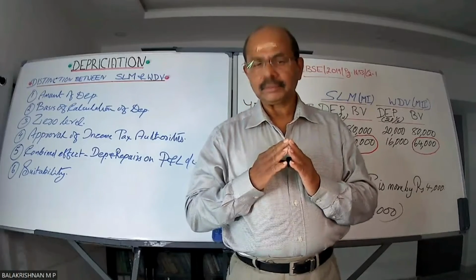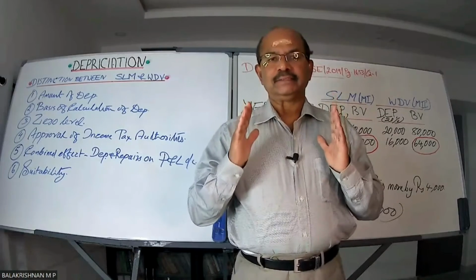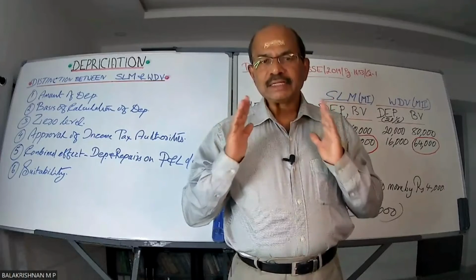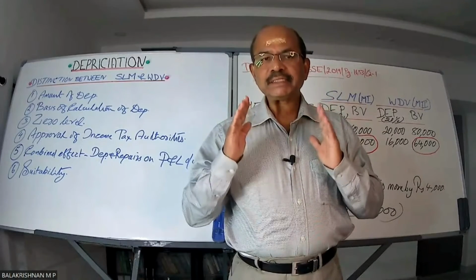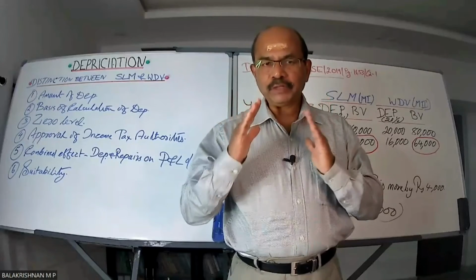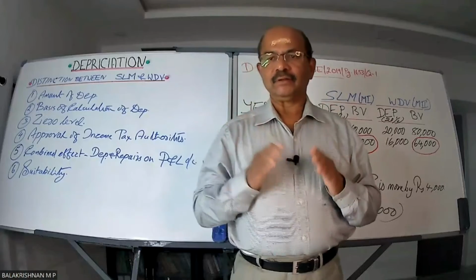Okay. To conclude, in practice, the WDV is more widely used. This is because the depreciation in this method goes on reducing according to the shrinking value of the asset.